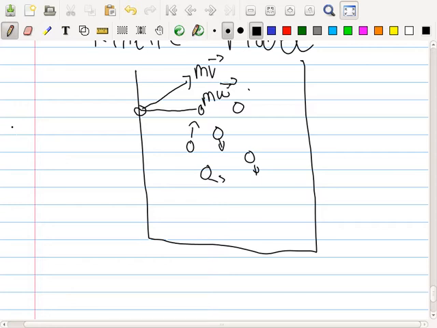So what's the change in momentum? That's going to be mv minus mu. That's just the change in momentum. It's delta P, change in momentum. Now, do you have some rule about momentum from Newton?